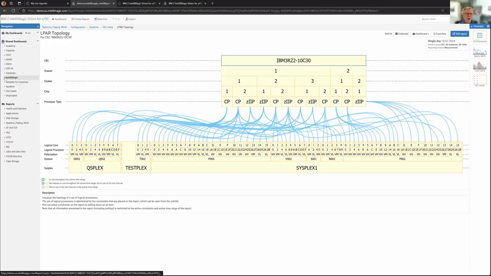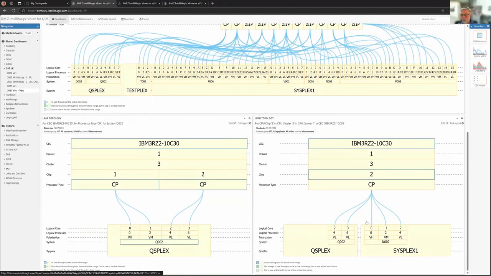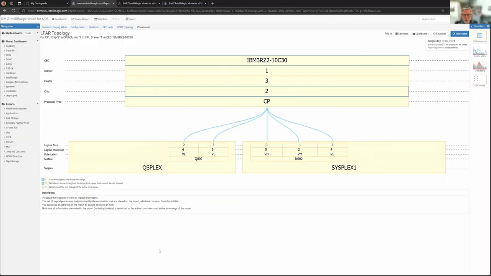But let me actually go back and limit this to this chart here. So I'm not only looking at the CPs, I've ignored the zIIPs in this case, and I'm looking at two other LPARs here.